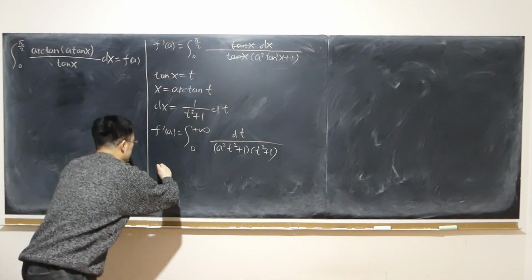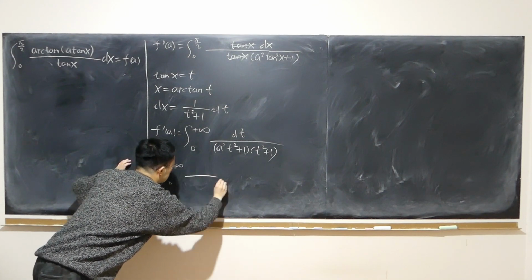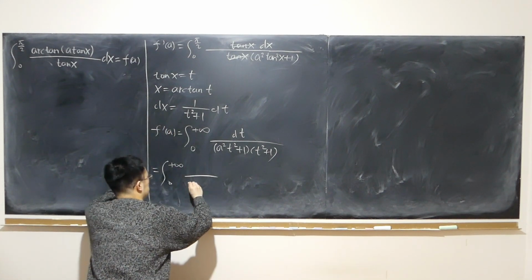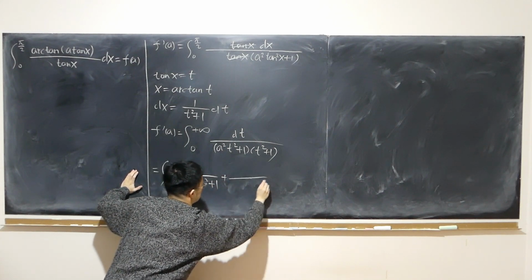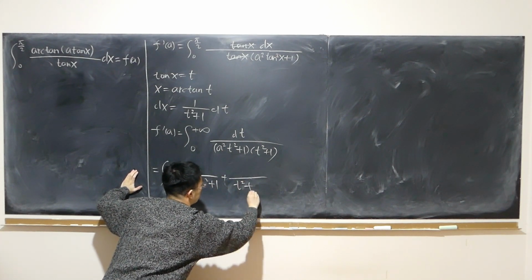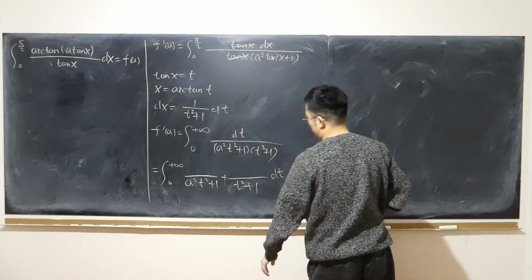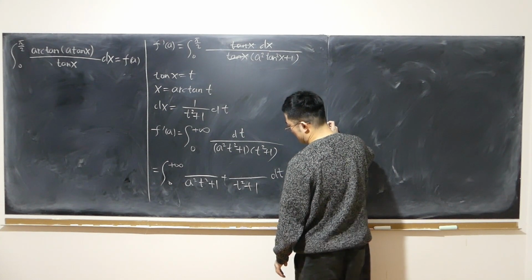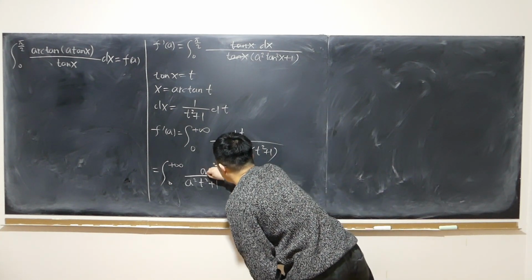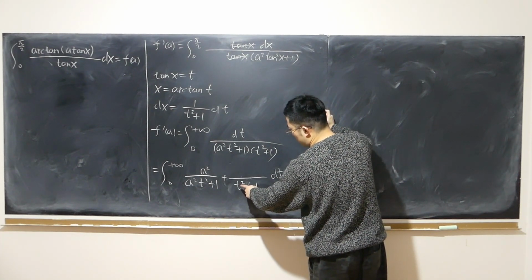And that is equal to the integral from 0 to positive infinity of some constant over a squared t squared plus 1, plus some other constant over t squared plus 1 dt. For that constant, perhaps I'll use a squared, so a squared times t squared.